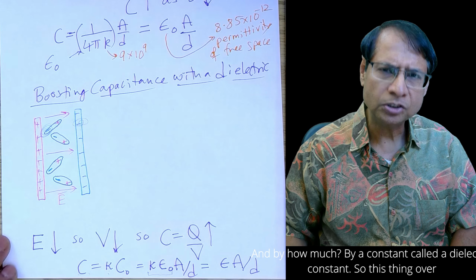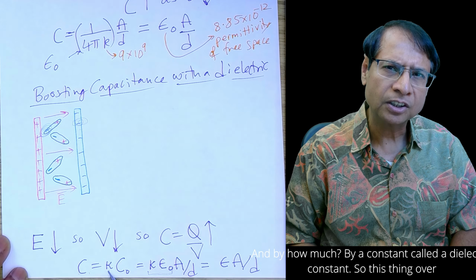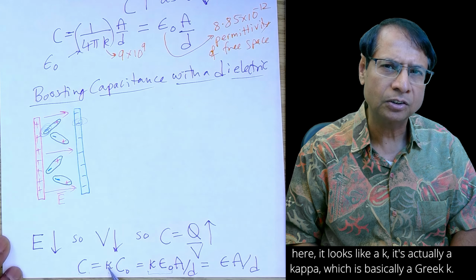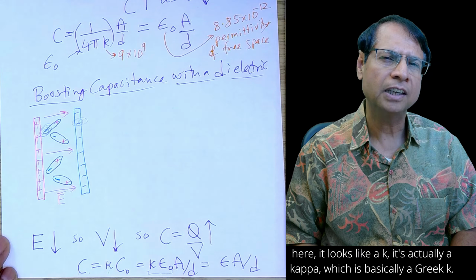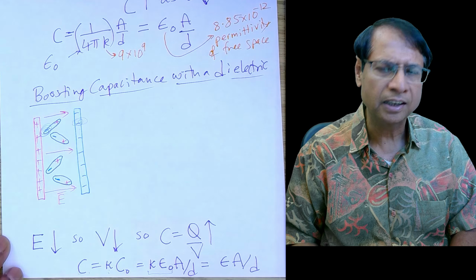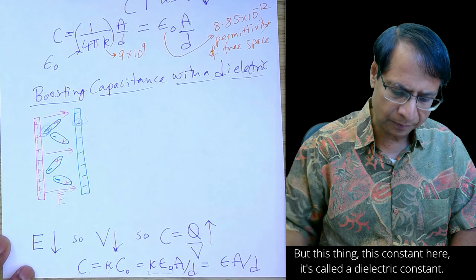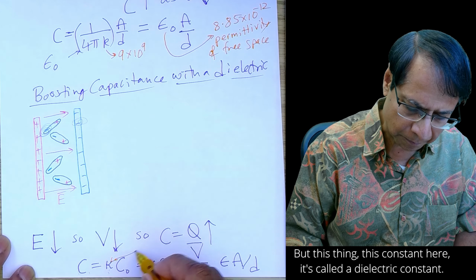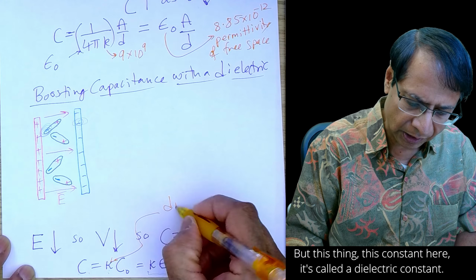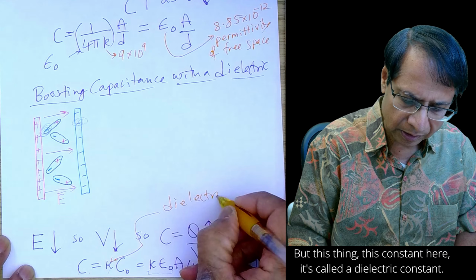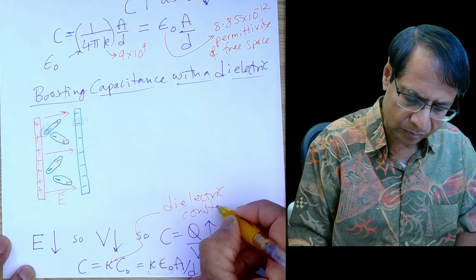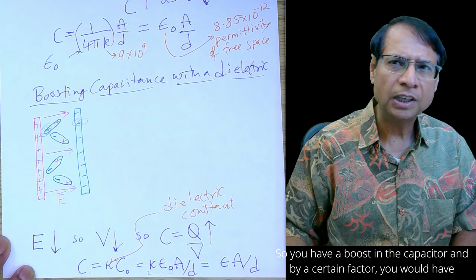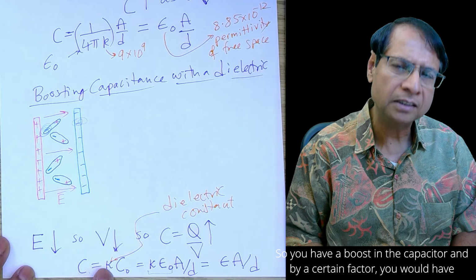By a constant called the dielectric constant. This thing over here looks like a K. It's actually a kappa, which is basically a Greek K. This constant is called the dielectric constant. So you have a boost in the capacitance by a certain factor.